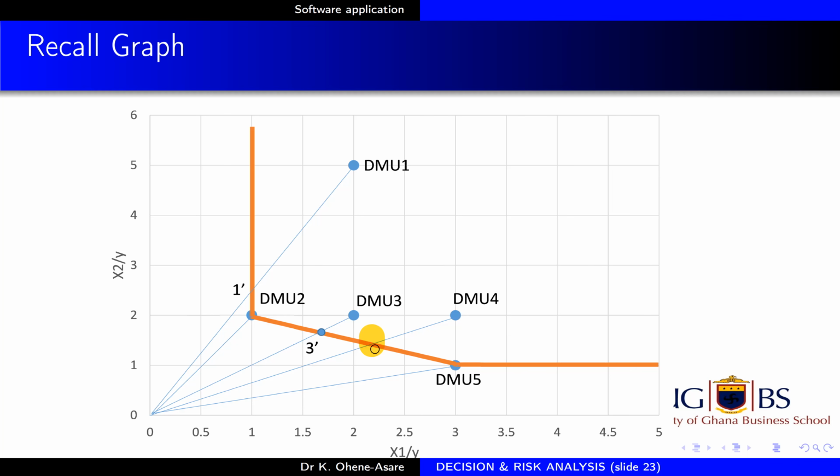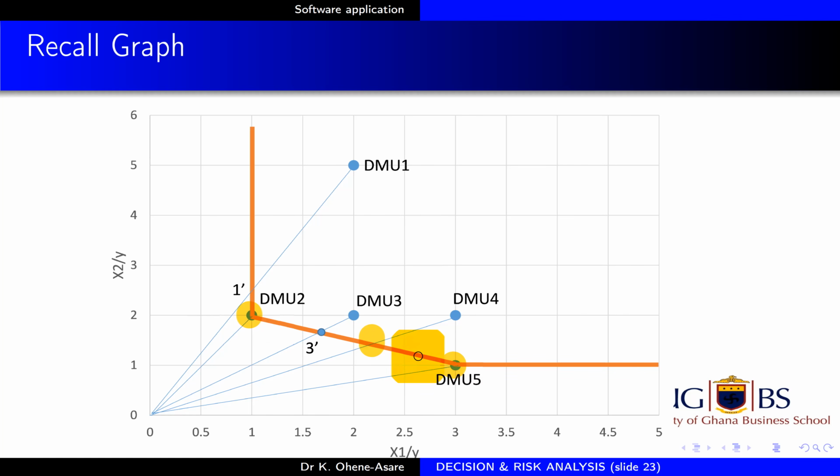And any portion of the boundary of the frontier represents that hypothetical, virtual DMU, including even where real DMUs are. So that's why we say that anytime you are a peer, you are automatically a benchmark. Where the thing hits is a benchmark.